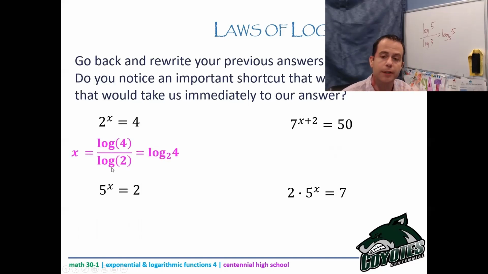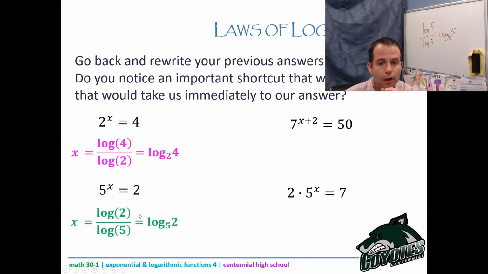Based on the conversation we just had, that means I could write that as log base 2 of 4. The second one we did was 5 to the x equals 2. We got an answer that was log 2 over log 5, which means it could also be written as log base 5 of 2.